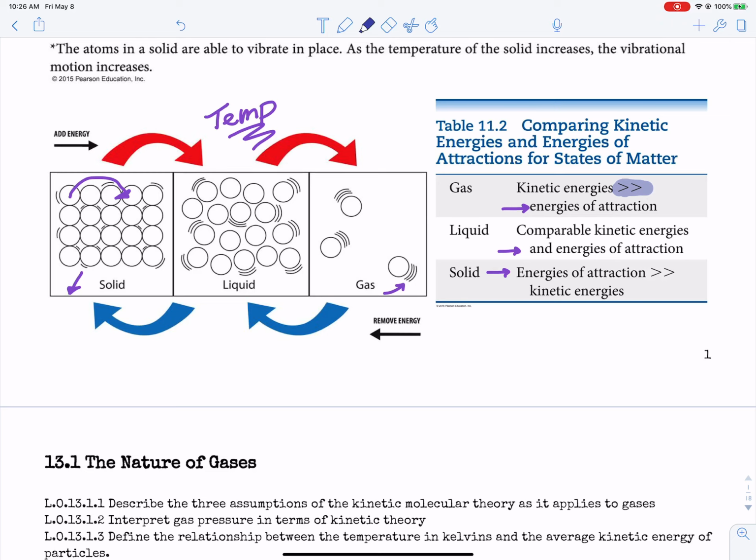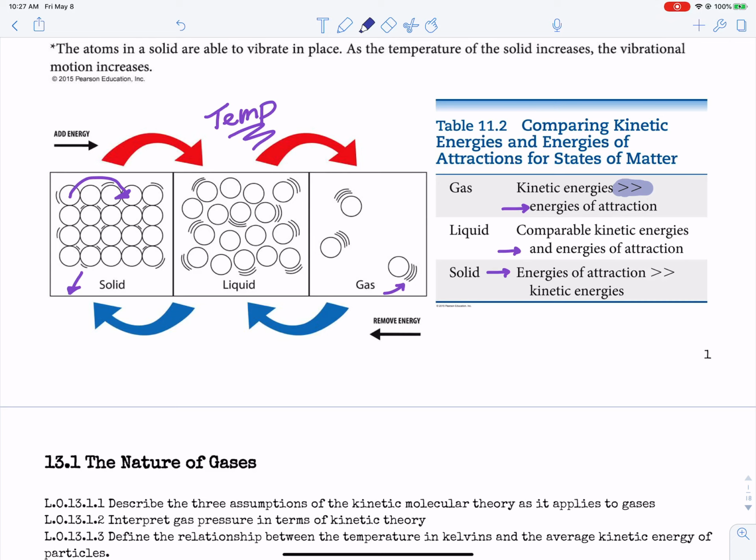That can happen because it's at a really high temperature or because the energy of attraction is really small. Right? Even in the middle of the winter, the air is still a gas. The particles don't have a lot of kinetic energy, but their energy of attraction is so small that the kinetic energy is much larger than the energy of attraction.